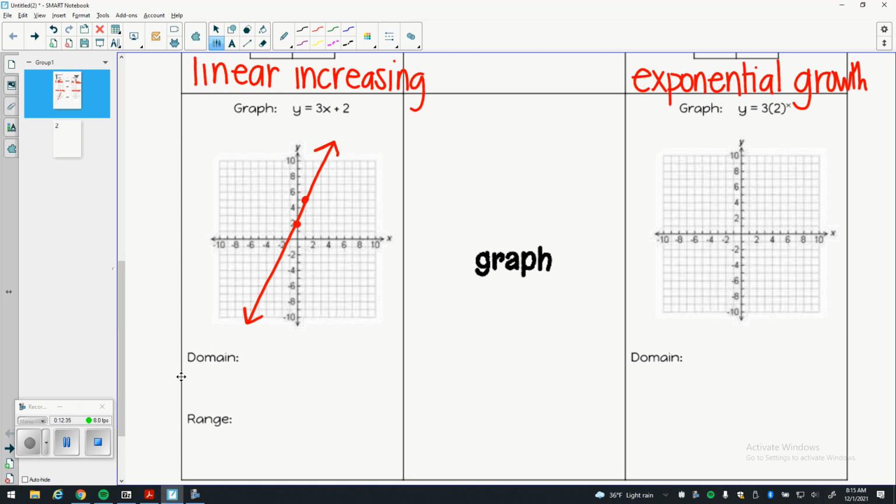Okay, pencils down, ears turned way up. Does everybody have the graph on there? Domain, X or Y values? X. So remember what we asked ourselves. When we come from the left, do I hit a point or do I hit an arrow? Arrow. If you hit an arrow from the left, what does that mean? Negative infinity.